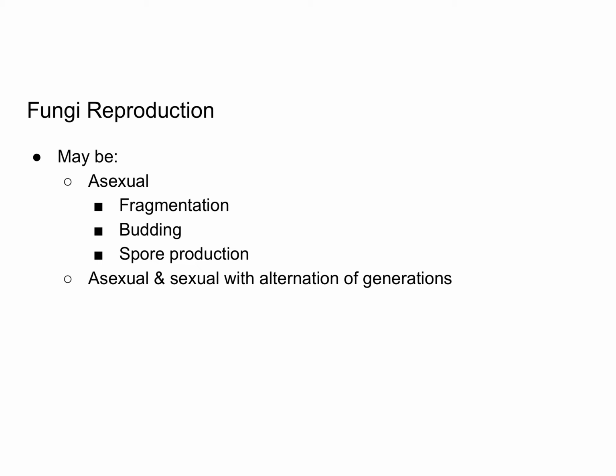Fungi can reproduce either asexually or sexually with an alternation of generations. And what this alternation of generations means is that at some points in the life cycle, the cells in the fungus are going to be haploid, or 1N, and at other times the cells are going to be diploid, or 2N.